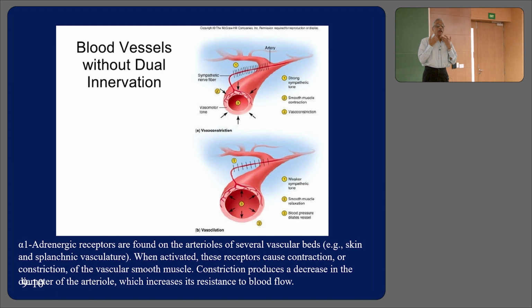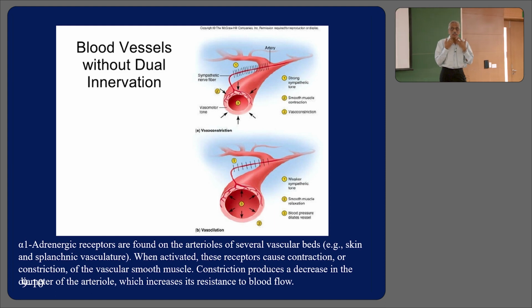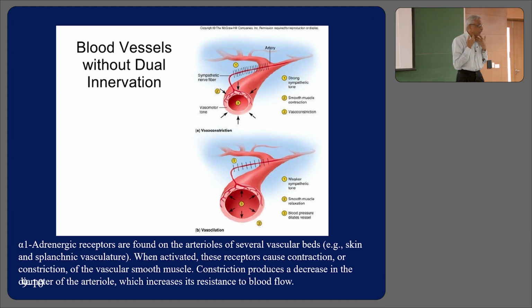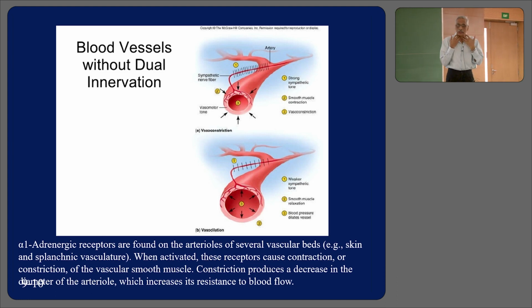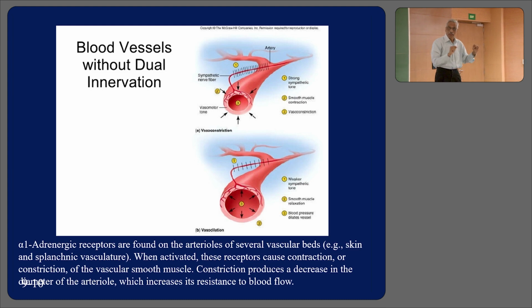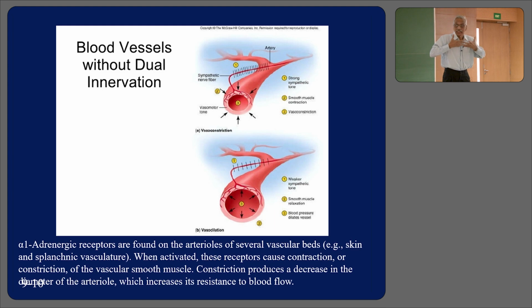Now, in your windpipe, the trachea, it is also supplied with smooth muscles. Those smooth muscles are also supplied with beta 2 adrenergic receptors, which are similar to those in the blood vessels of the skeletal muscle. And when they are excited, they dilate. Are you with me?